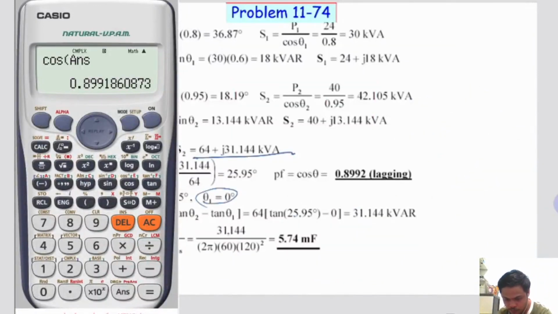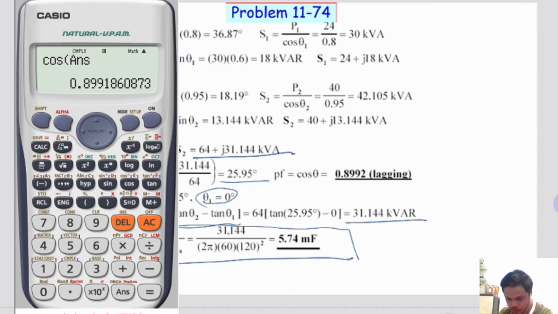So from 25 degrees to 0 degrees, we can make use of the formula for QC, which is P times tangent of theta 1 minus tangent of theta 2. So you have the value for QC, and applying the formula for C, this gives us 5.74 millifarads.